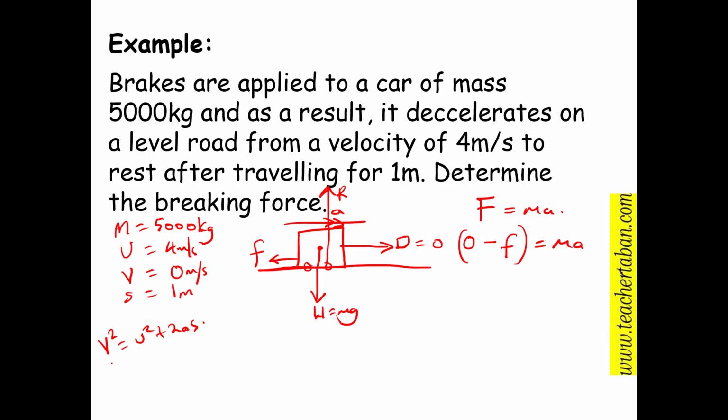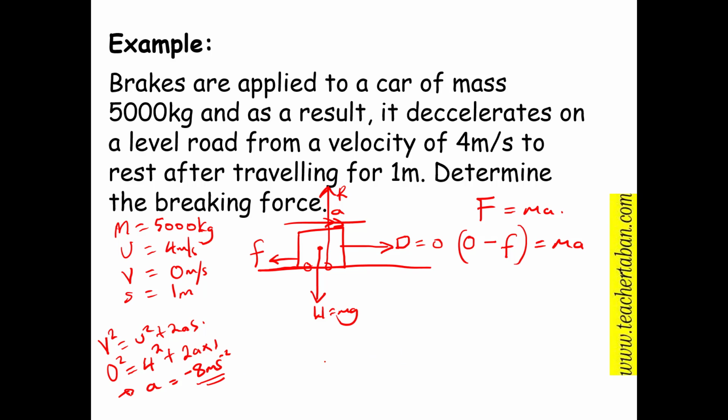Our final velocity is 0 squared, the initial velocity is 4 squared, plus 2 times a times the 1 meter, which implies that our acceleration a is equal to negative 8 meters per second squared. 4 squared is 16, divided by 2 is 8, so negative 8 meters per second squared.